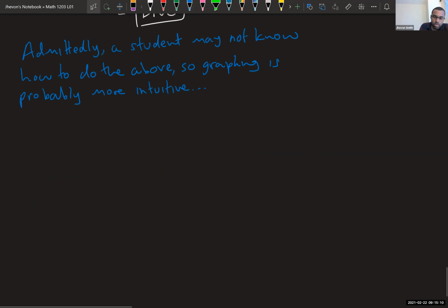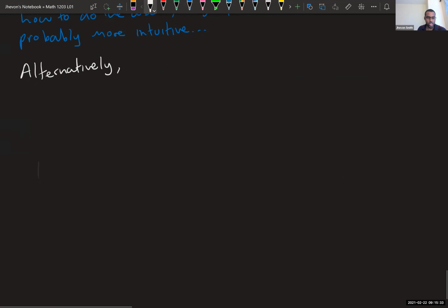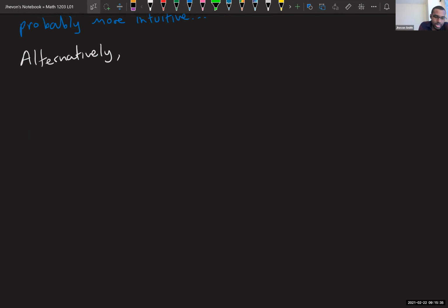So alternatively, the idea is you can't really get away from the definition of the absolute value though. You're still going to need to know that it's positive x one way and negative x the other way so that you could even get that graph.